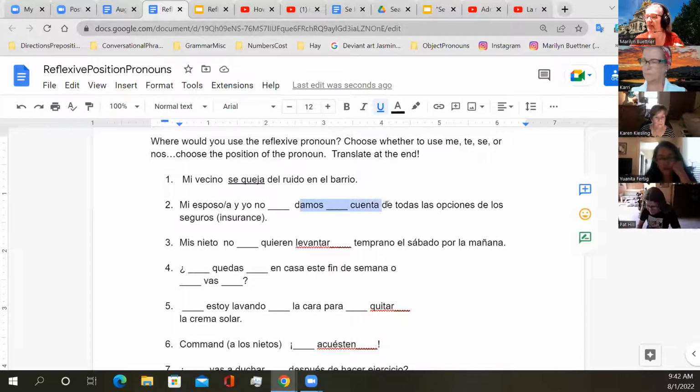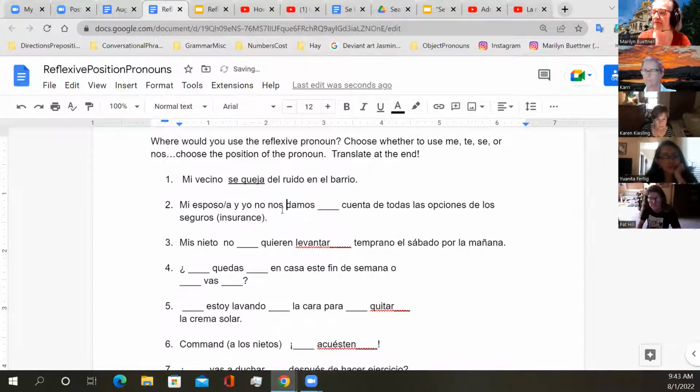Darse cuenta de, to realize. My husband and I don't realize all those insurance options. We're not aware of what they are. Nos damos cuenta. Must be in front of the verb. That cuenta is not a verb. It's part of the whole phrase, but the cuenta part is not a verb.